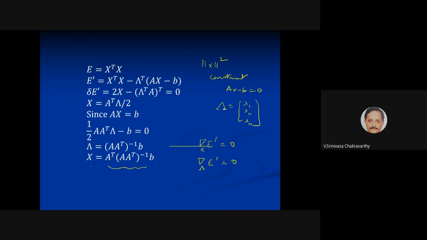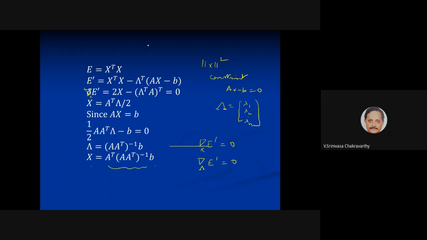So we look at a vector of Lagrangian multipliers consisting of lambda 1, lambda 2, up to lambda n. We'll call this uppercase Lambda. Therefore your extended Lagrangian cost function becomes E prime is equal to x transpose x minus Lambda transpose (Ax minus b). So you get a linear sum of all these equations. Now if you take the derivative with respect to x, you get 2x here and minus.